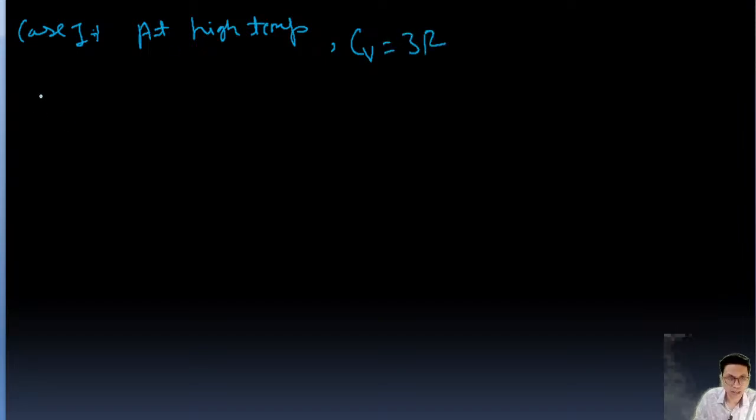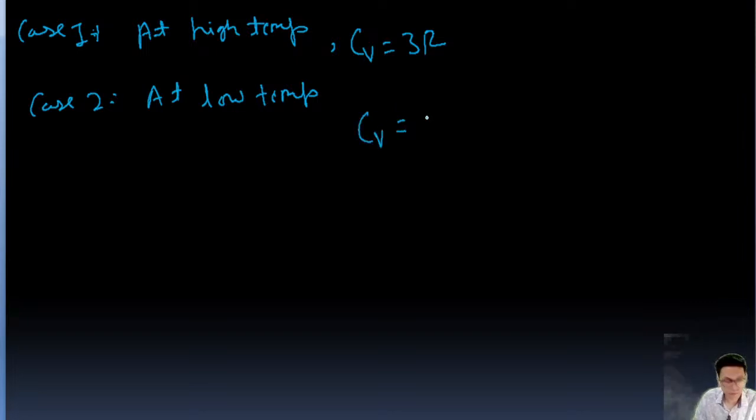And case 2: at low temperature, Cv is going to be 12 by 5 pi to the power 4 R into T upon theta D whole cube.